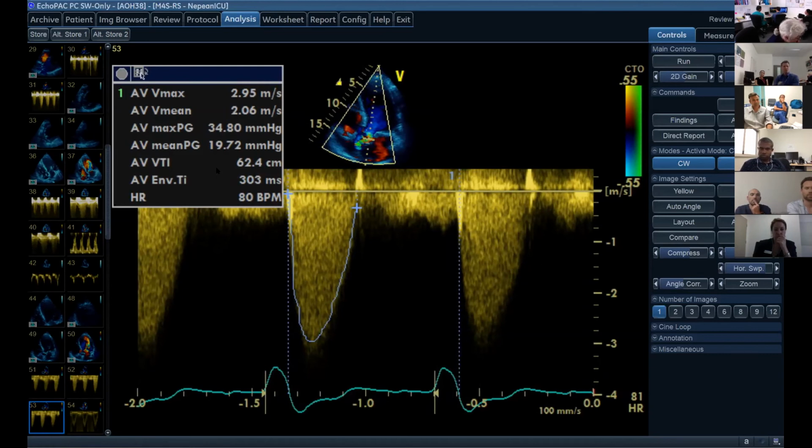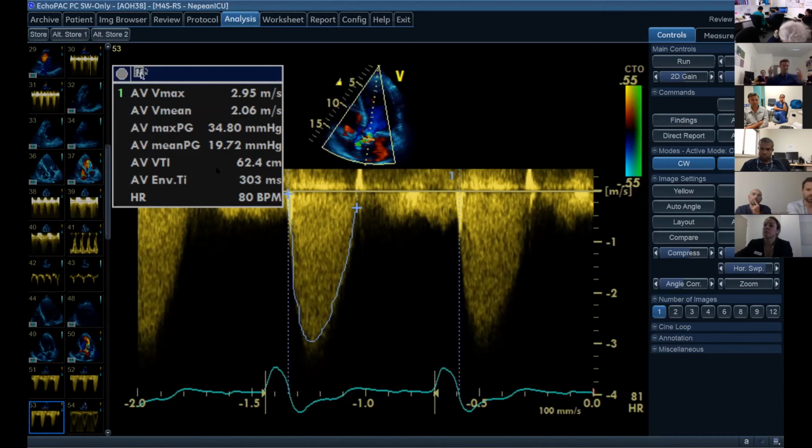So I guess we talk about the inaccuracies of doing the continuity equation. Vishal was saying that first of all, we're assuming that the LVOT is circular. Second assumption is that we're making an accurate measurement, and if you underestimate or overestimate it, we can under or overestimate respectively. We've got to make sure that you've got the same amount of blood volume going through the LVOT as going through the aortic valve.